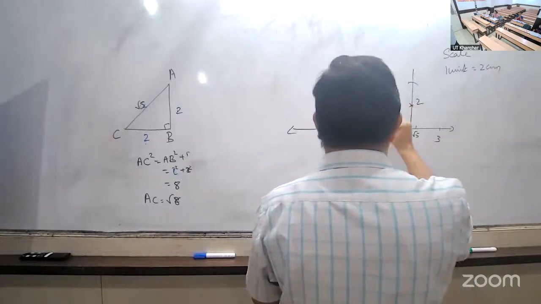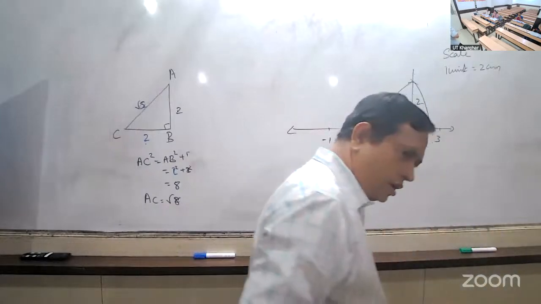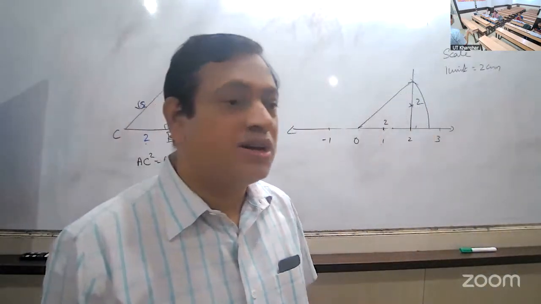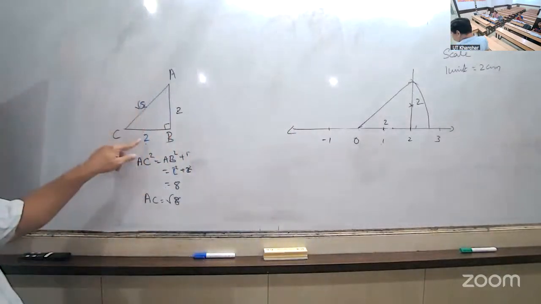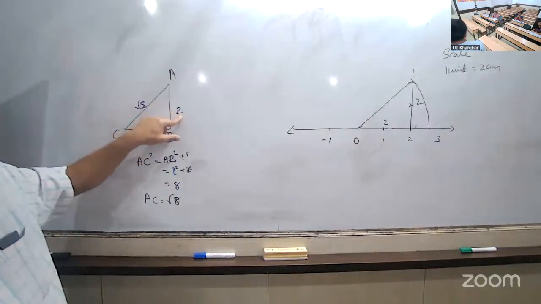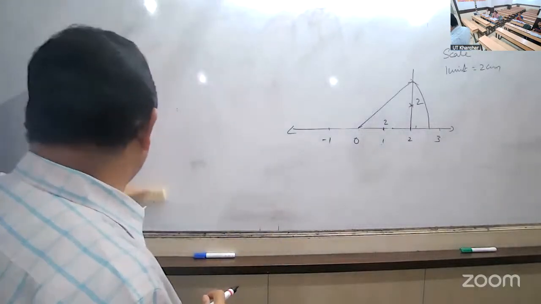Then join. Now it is clear. Root 9 is 3. Root 10 is 3 and 1. 3 square is 9. Okay, so I will make a small table and I'll show you.